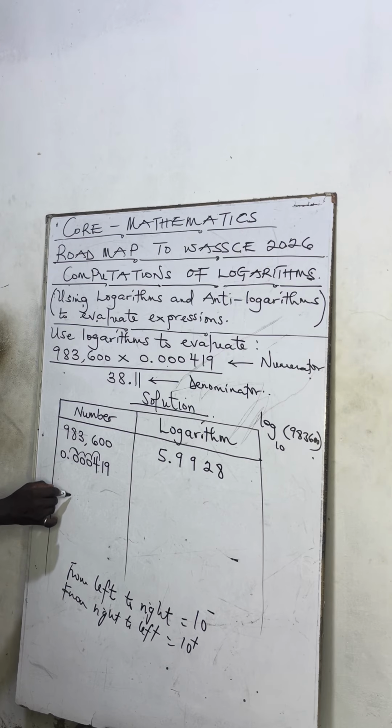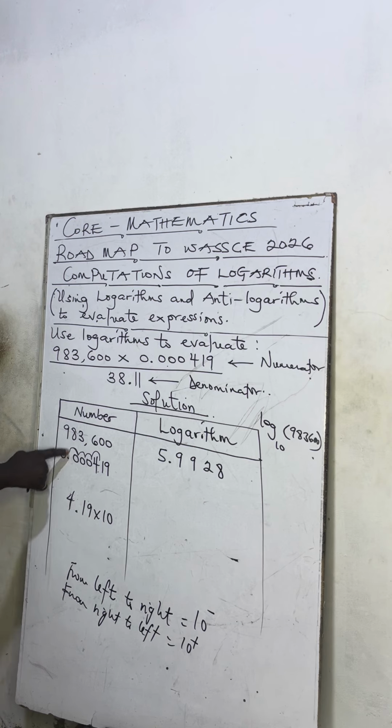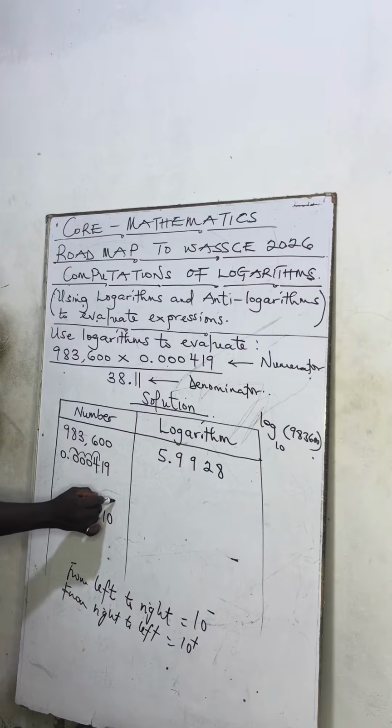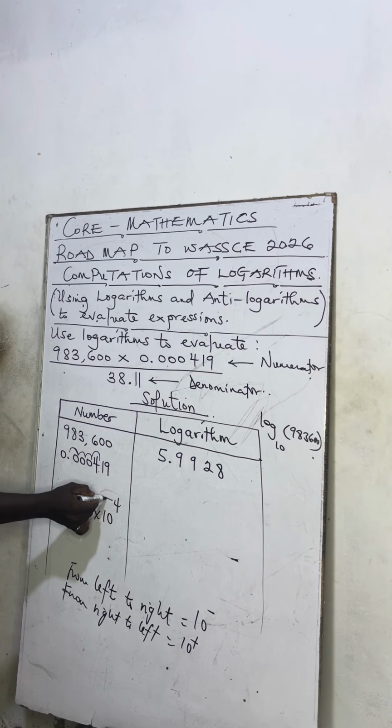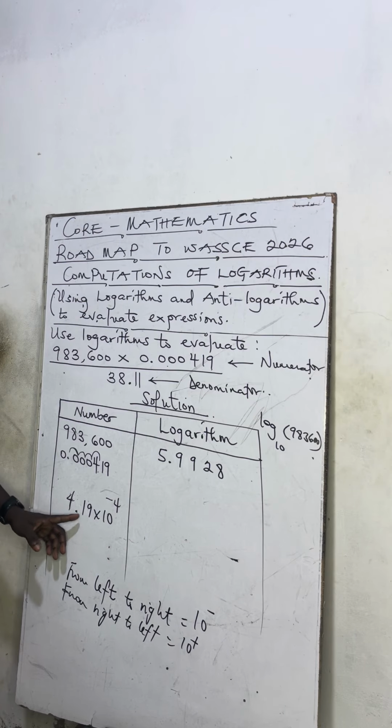We get 4.19 times 10 exponent 4. And because we are moving it from left to right, we get what? Negative. And 4 means the number of times we moved the decimal point. So we have 4.19 times 10 exponent negative 4.